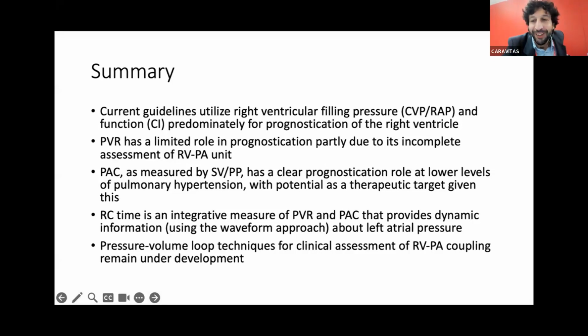You tried to convince us that pulmonary arterial compliance is probably better than pulmonary vascular resistance, which sounds clear given its greater ability to discriminate early changes in the pulmonary circulation, especially in mild PH or in patients with a mild elevation in left atrial pressure.